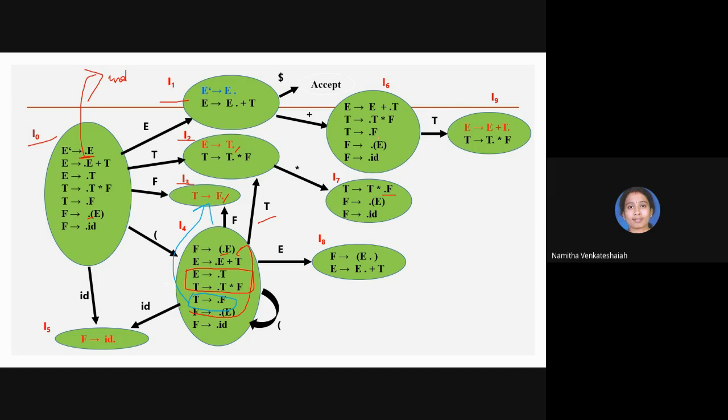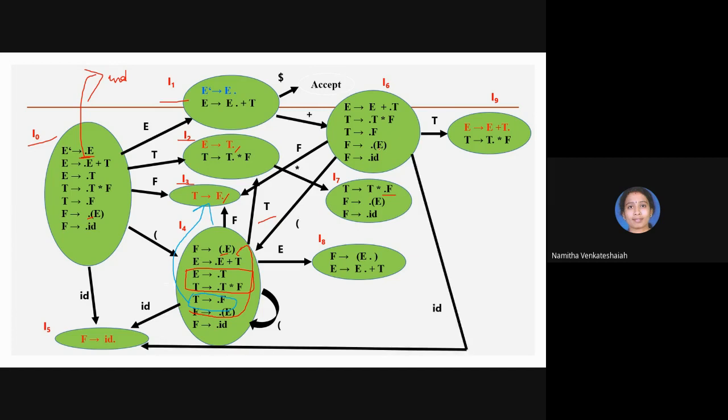That means it should become F dot. You have that state here. So on producing F, it will come to this state. And here it should become open brace dot E. That we have here. And id dot, on producing id, that is here. I just connected it like this. Here and here, it is only a single connection.